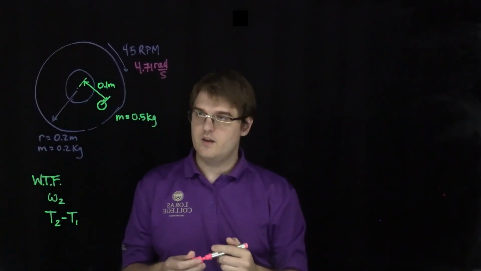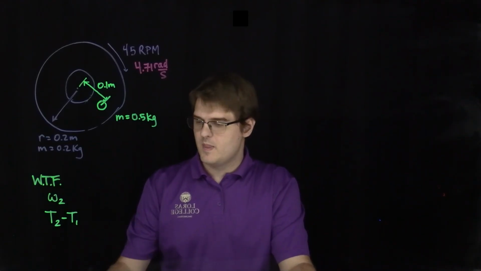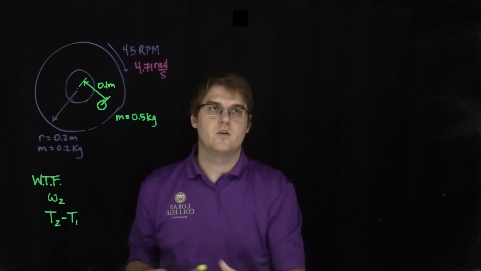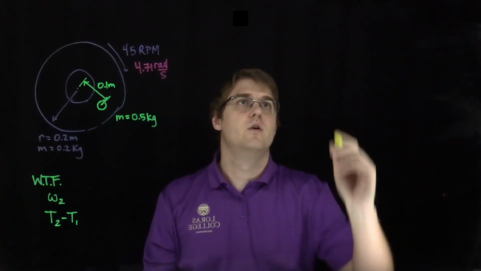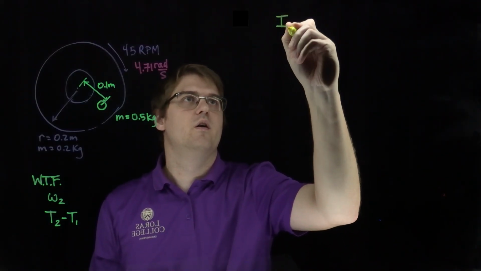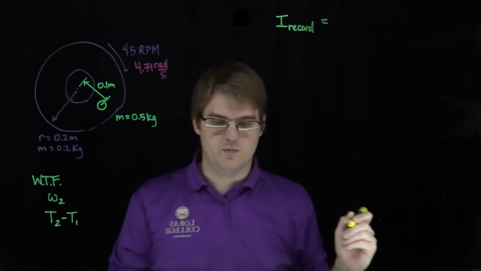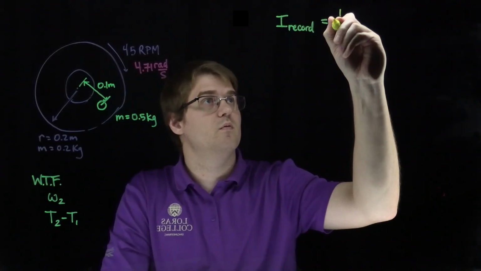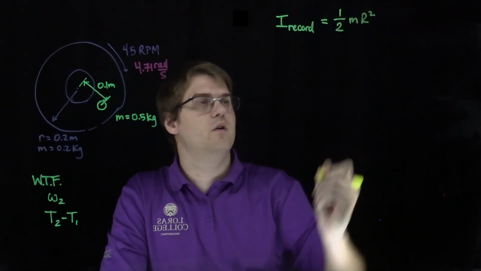Second thing we're going to need is our moments of inertia for everything going on here. We can start with our initial record. At the very beginning, our record is just spinning. It is going to act as a disk, so 1/2 mr squared.